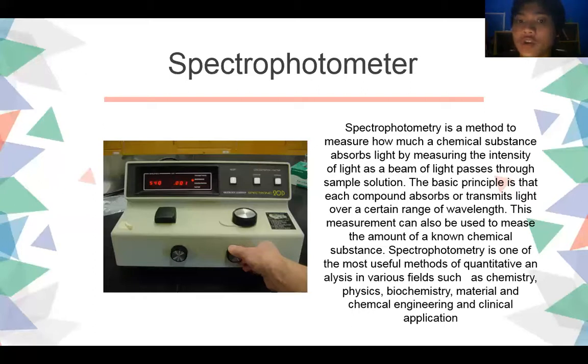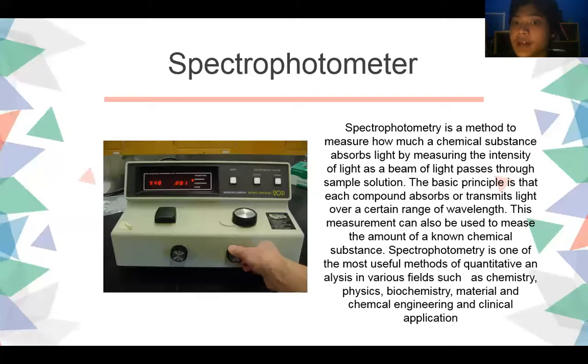Spectrophotometry is a method to measure how much a chemical substance absorbs light by measuring the intensity of light as a beam of light passes through a sample solution. The basic principle is that each compound absorbs or transmits light over a certain range of wavelengths.